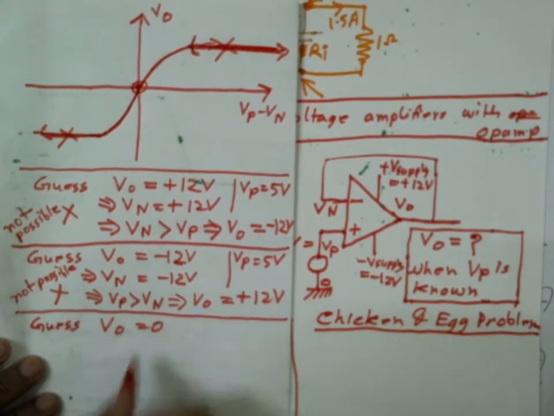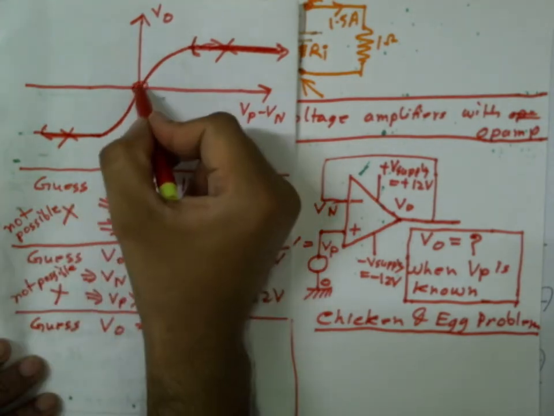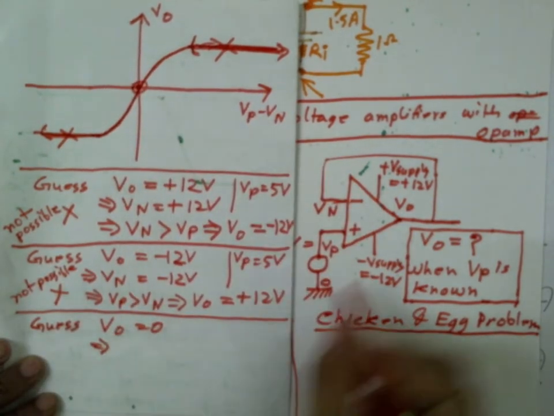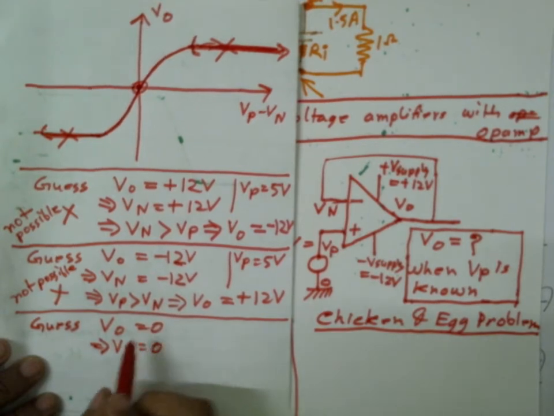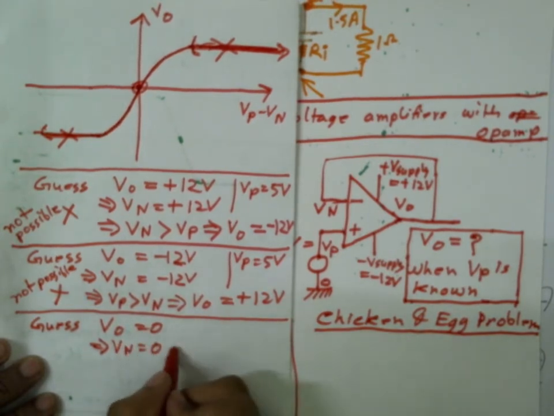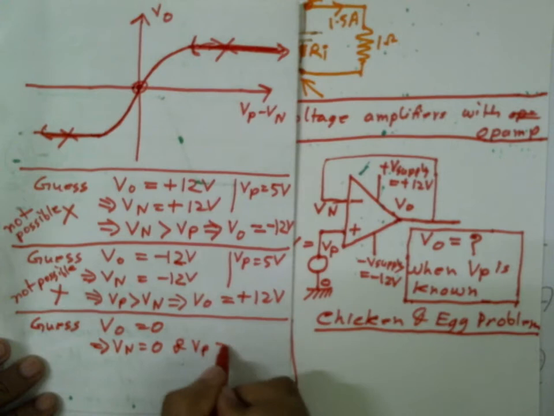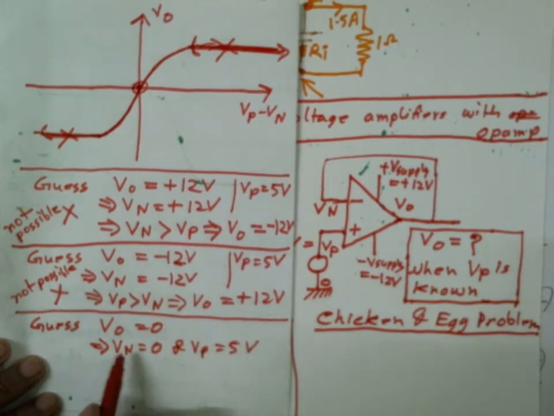Vo is equal to 0. Okay, if Vo is 0, then Vn is 0. And now if Vn is 0 and Vp we know is 5, so which is higher? Vp is higher, so the output should be positive.